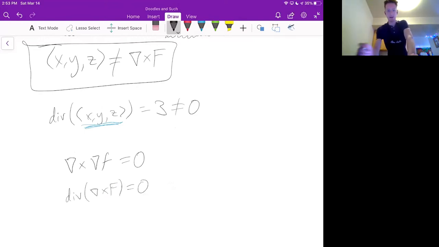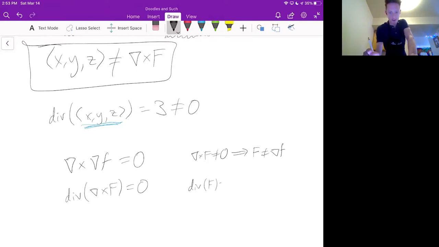And therefore, if my curl is non-zero, then f can't be the gradient of something. And if my divergence is non-zero, then f can't be the curl of something. That's where these tests come from.